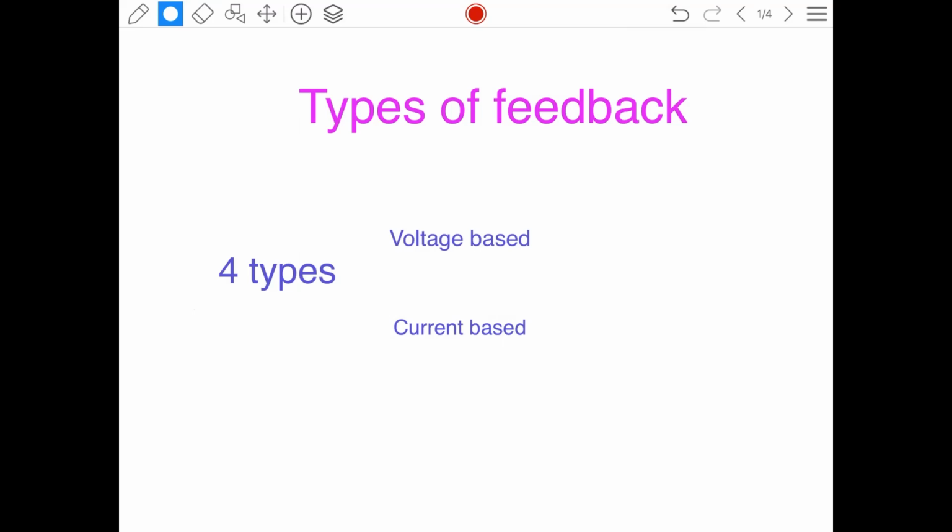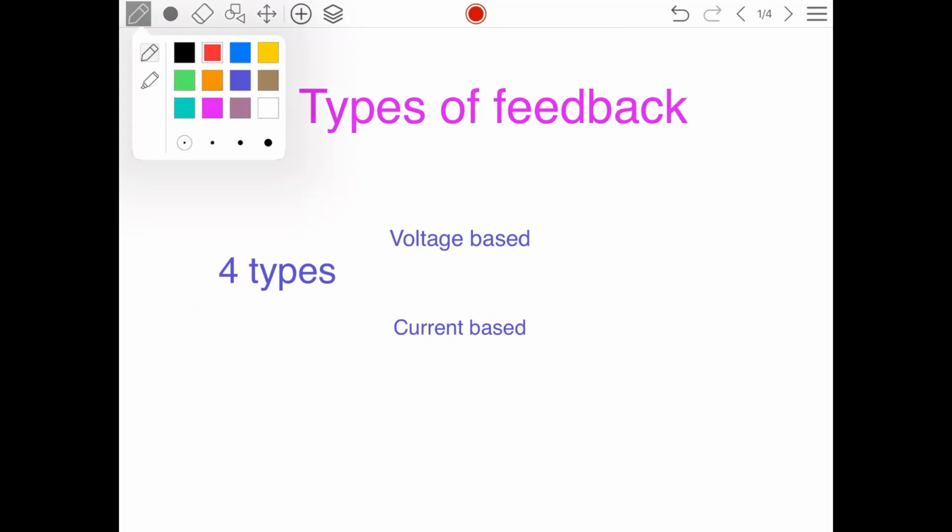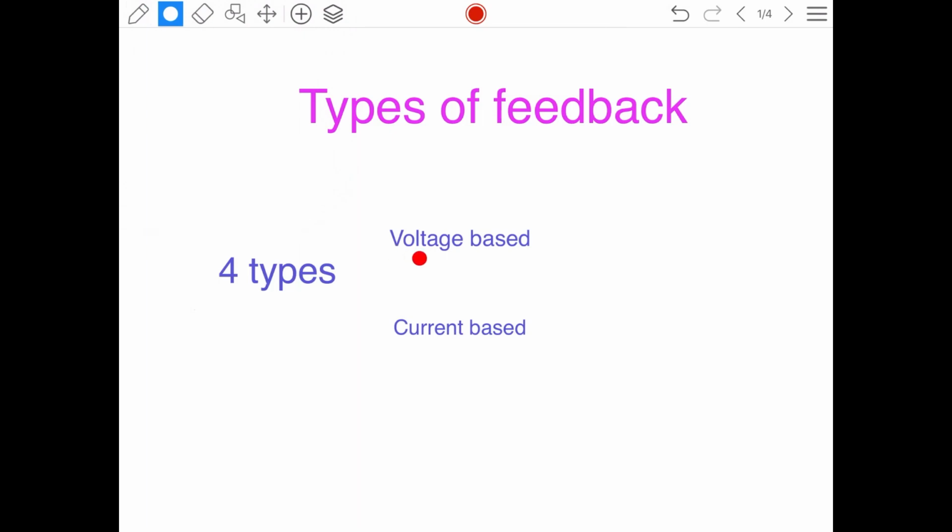Based on the type of the entity it is handling, the feedback networks are classified into two broader types. Overall, there are four types of the feedback network. First one, if my feedback circuit is carrying the voltage as a feedback parameter, we call it a voltage based feedback network.